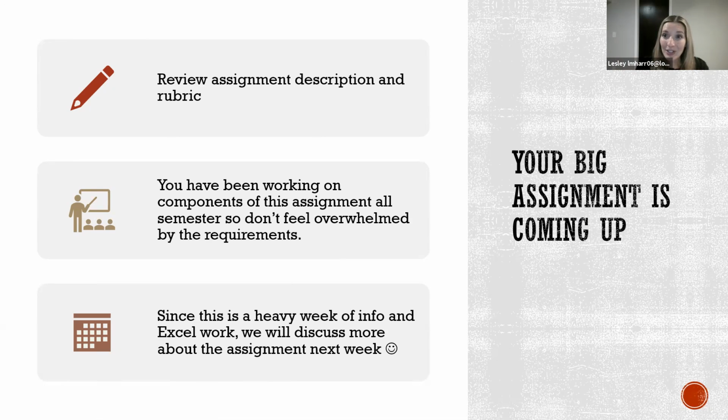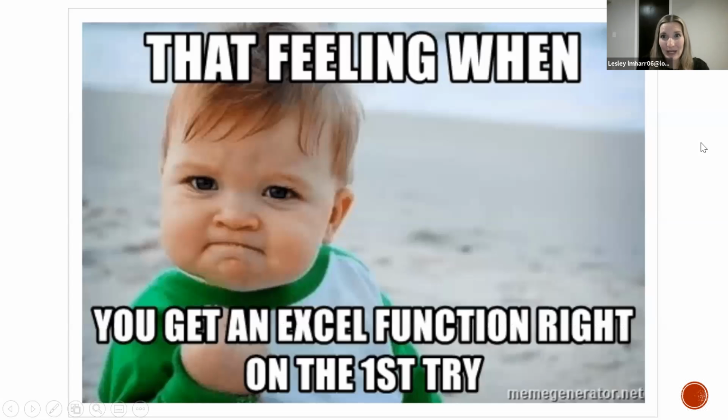So review the assignment description, review the rubric. You've been working on these components for this assignment all semester long, so don't feel overwhelmed. Since this is a heavy week of info for Excel and learning how to do some basic statistical analysis on Excel, we're going to dive into the final program evaluation assignment more next week.